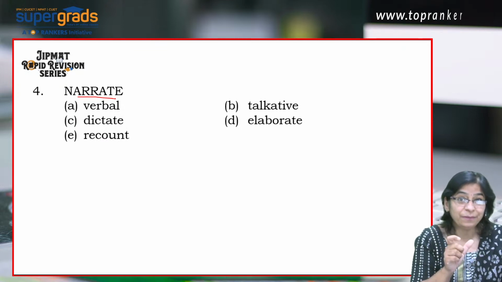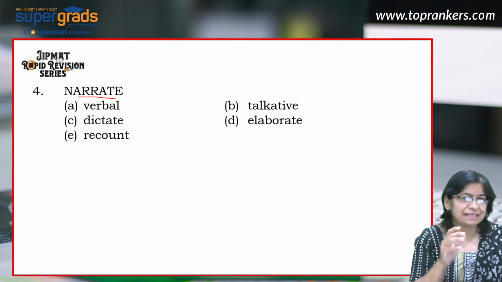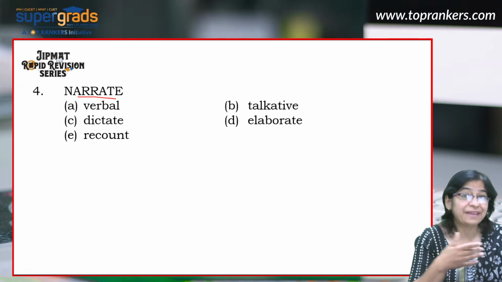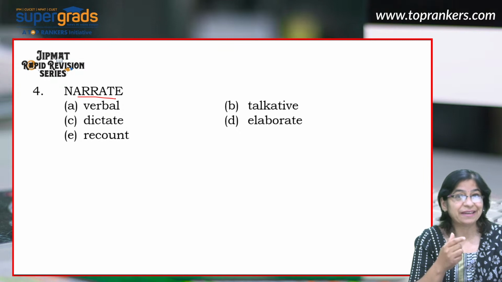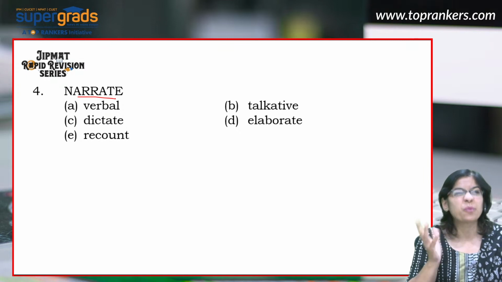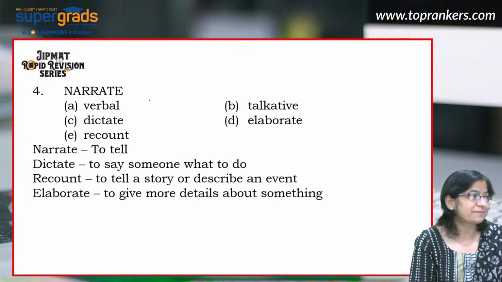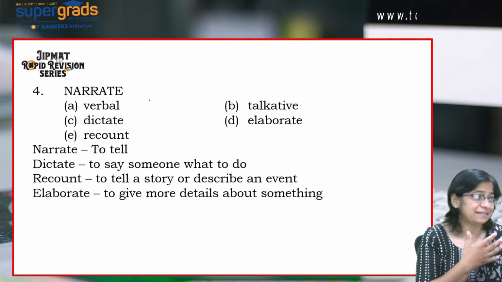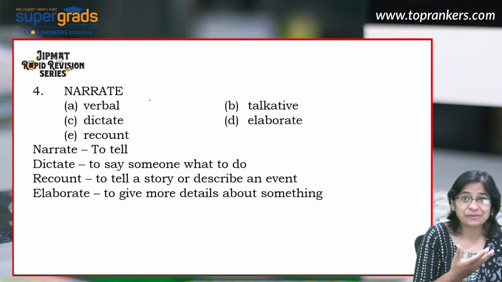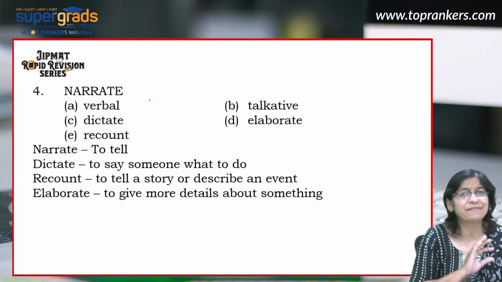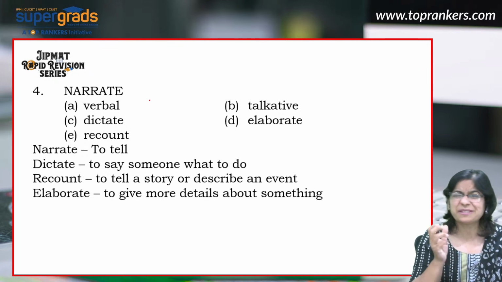Now, verbal; dictate, that is telling someone what to do; recount; talkative; and elaborate. Elaborate simply means giving more information about something. So what do you think is the answer? Is it recount, that is retelling a story, or is it elaborate, giving more information about something? Is it just being talkative?